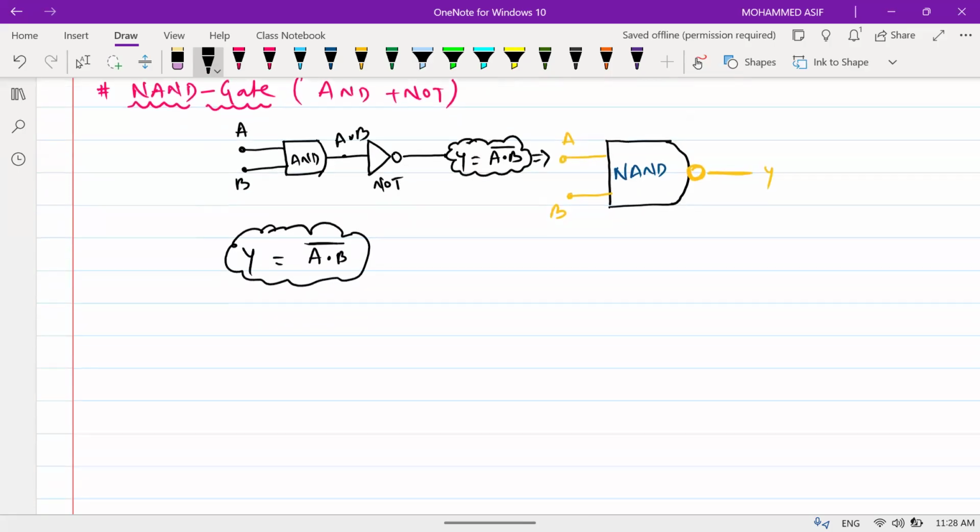Yes, sir. So what exactly is it doing, beta? It is inverting the AND gate's output. Like say if I take the logic truth table for that one, A, B, and here it is Y. Y is equal to A dot B. This one is right now your A dot B. A dot B bar. Okay. Tell me the truth table, beta.